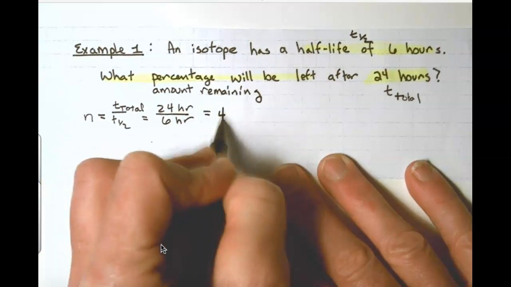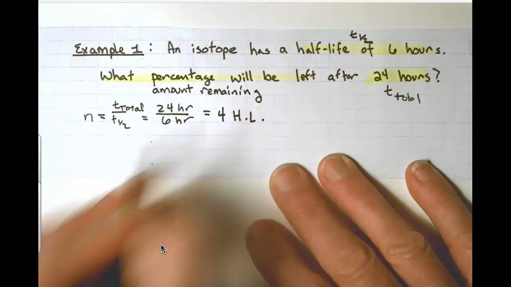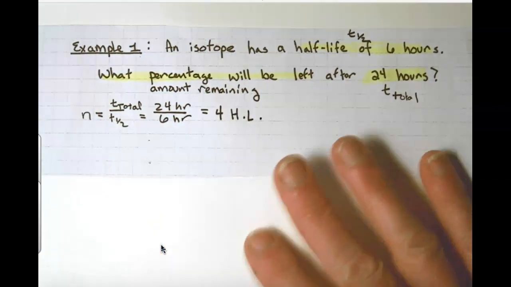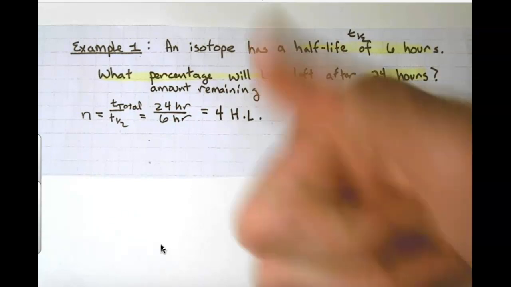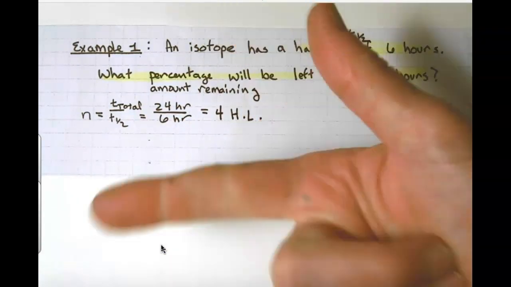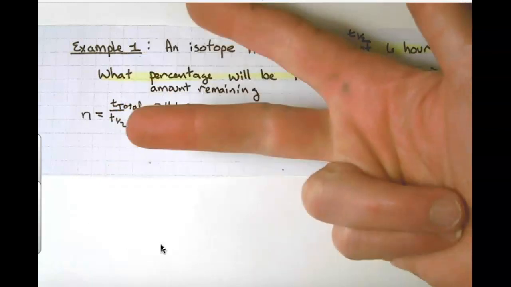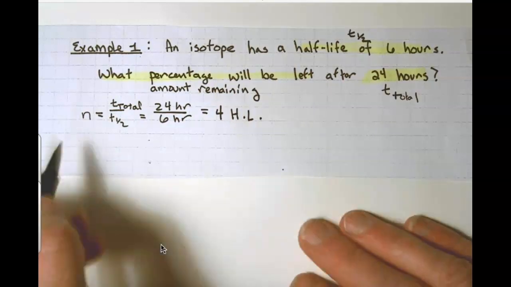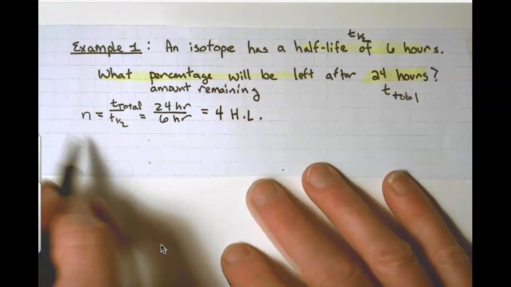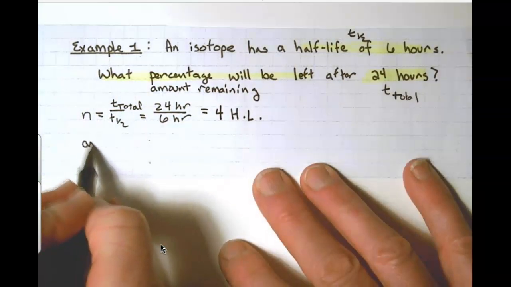That would be 4 half-lives have passed. So to me, that means we had an original sample which was divided in half once, twice, 3 times, and 4 times. That original sample was divided in half 4 times. That's what's left. So let's work this out.